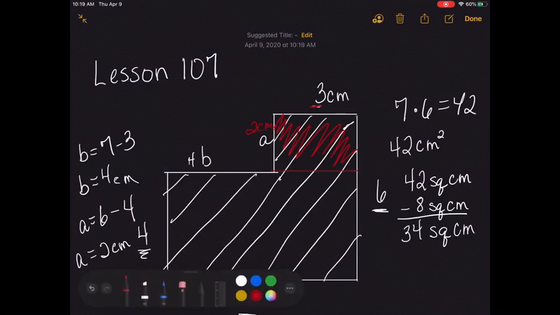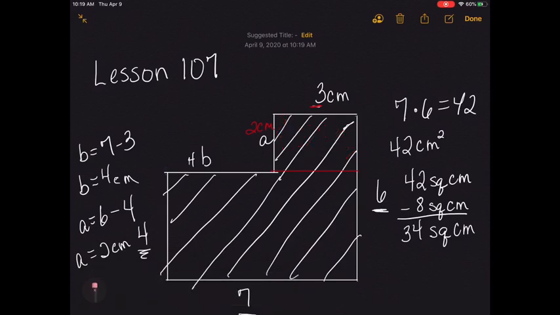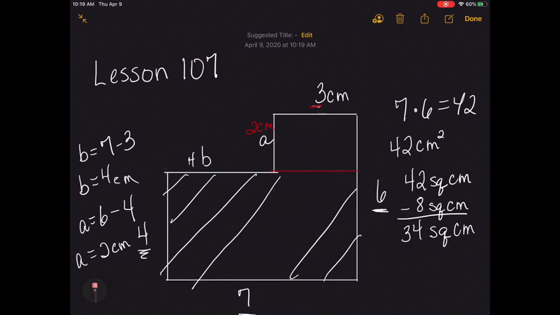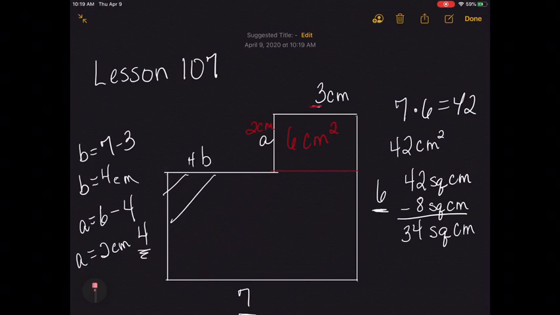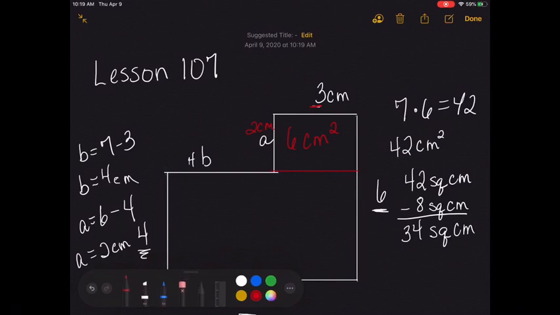So we know that the area of that rectangle is 6 centimeters squared, and I'm just going to write it inside of there. Now we've got to figure out the area of the large rectangle, and that's pretty easy. It's going to be 7 times 4, which is 28.